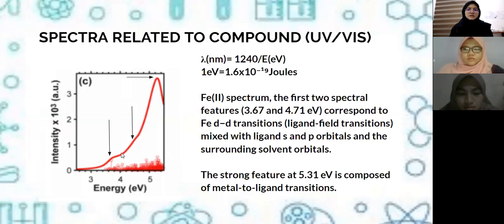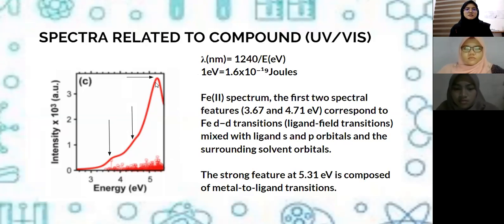The first features are at 3.67 and 4.71 electron volts, which correspond to the d-d transitions of the metal that mix with the ligands' s and p orbitals and the surrounding solvent orbitals.